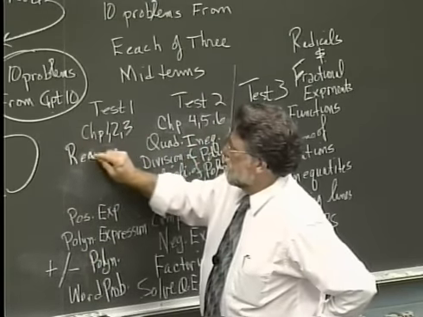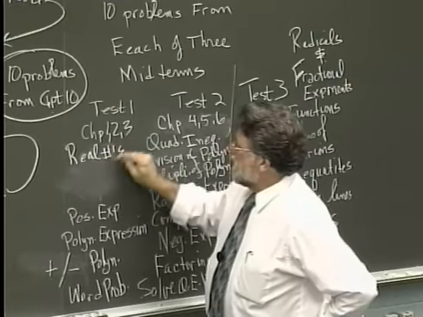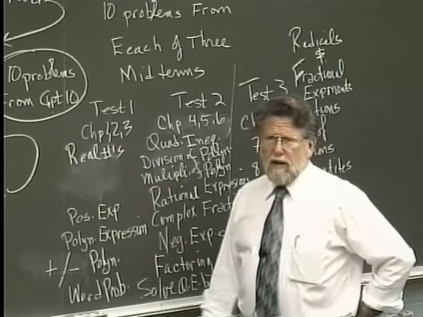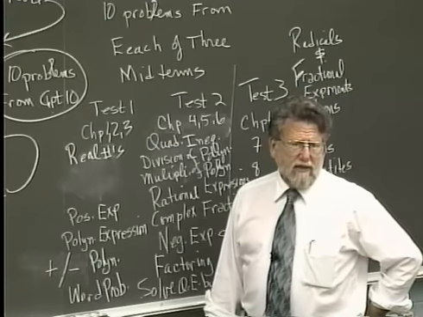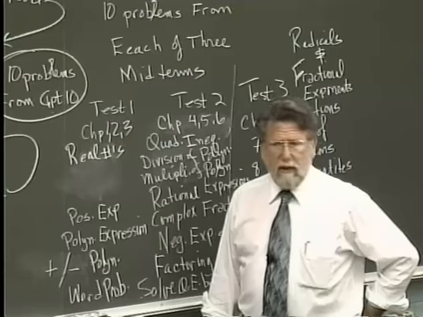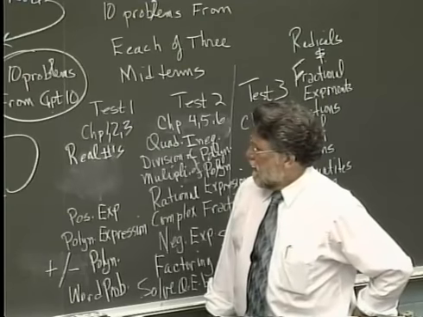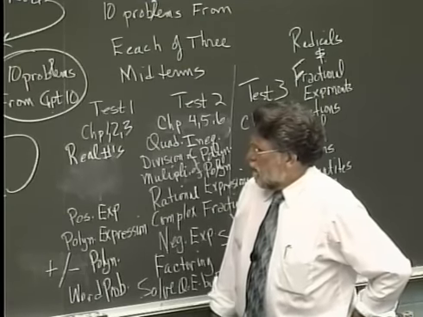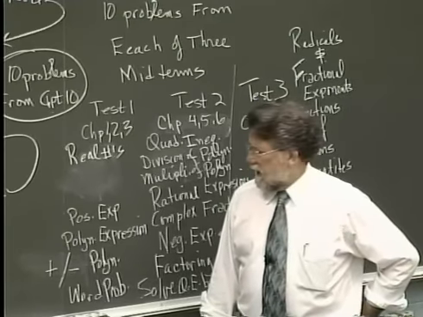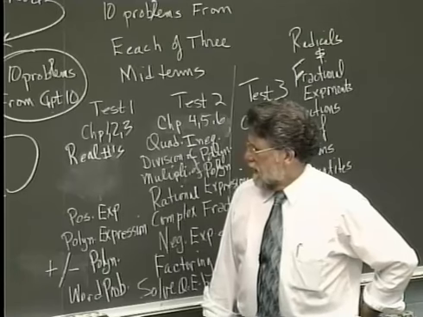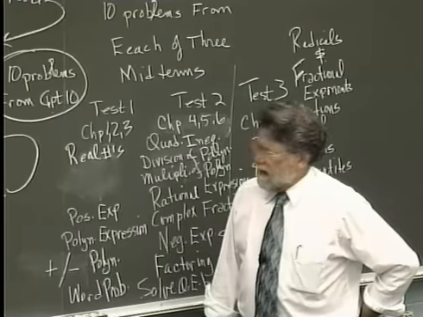Here, big emphasis: properties of the real numbers. We started there, and I'm going to come back in the final to the properties of the real numbers, so I want you to be able to do that. We learned how to work with positive exponents and polynomial expressions, simplifying, word problems. What am I leaving out there?